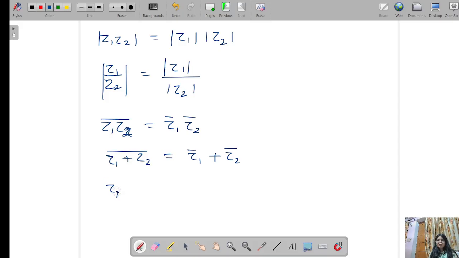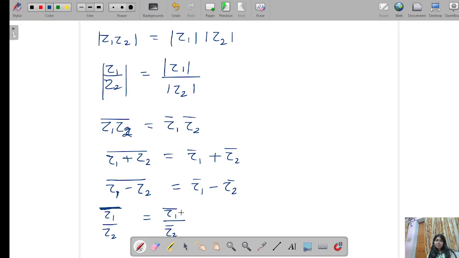And if I'm subtracting two complex numbers and take the conjugate of the whole, this will open as this. There will be no change in the sign of this. And it is the same with division. If I take the conjugate of the whole, this will open to the conjugate of the separate complex numbers.